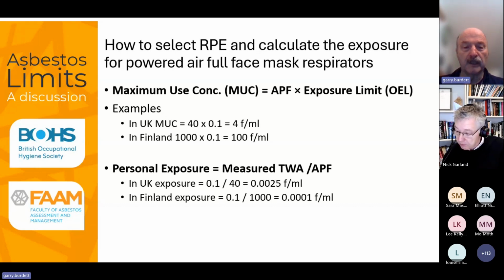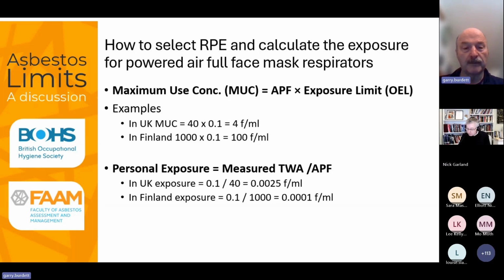Now, I think most people who go out on site know that if you get above 4 fibres per ml, there is a problem, because in the UK, the respirators that should be worn inside the removal enclosure have an assigned protection factor of 40. So if the control limit is 0.1, 4 fibres per ml is the maximum use concentration.